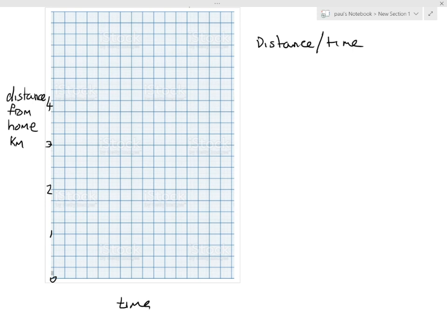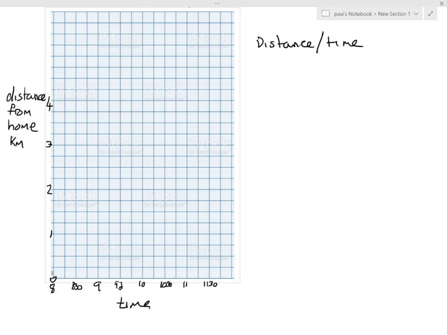And we start at 8 o'clock, 8:30, 9, 9:30, 10, 10:30, 11, and 11:30.